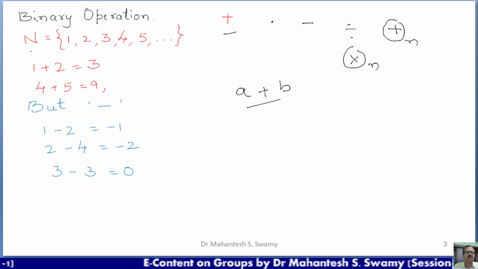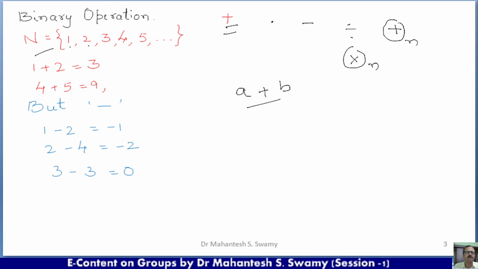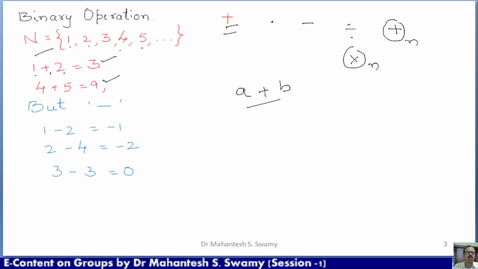Let us begin with the set of natural numbers. On the set of natural numbers, let us have the binary operation of addition. You can observe here, if you take the sum of 1 and 2, they are operated with the binary operation addition. So 1 plus 2, the answer you know very well, is 3. And 4 plus 5, the answer is 9. You can observe the elements which we obtain as the result of the binary operation operated on any two elements of the given set.